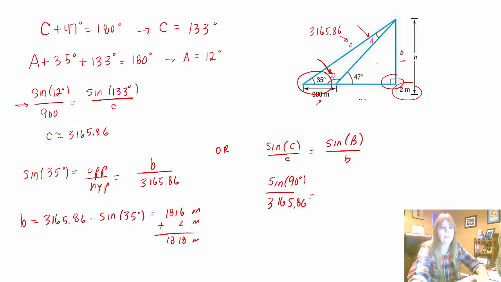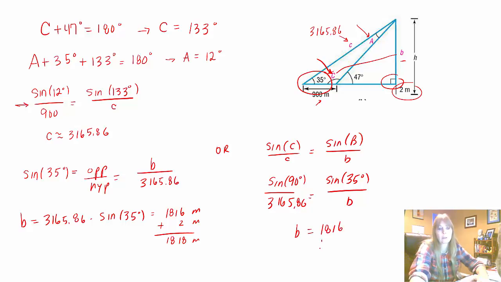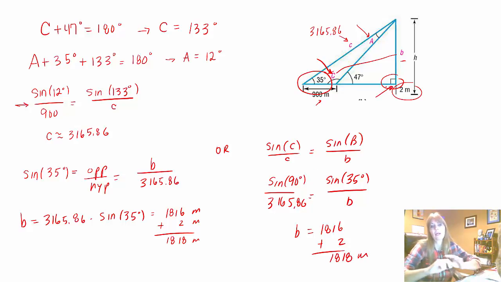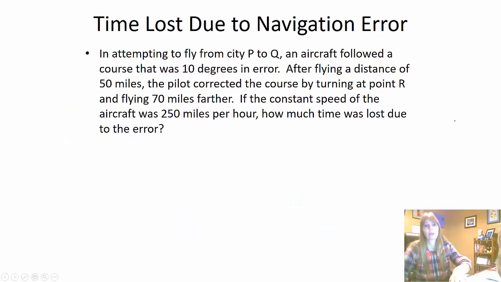And then my B, the angle opposite, is the 35 over little b. And so if I solve this for B, guess what? I get the same answer. So at least nice to know that you can use either one, but as soon as I see a right triangle, I kind of go straight to the right triangle.